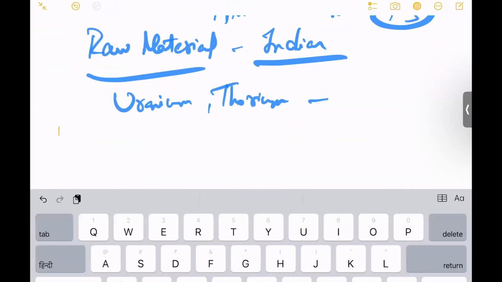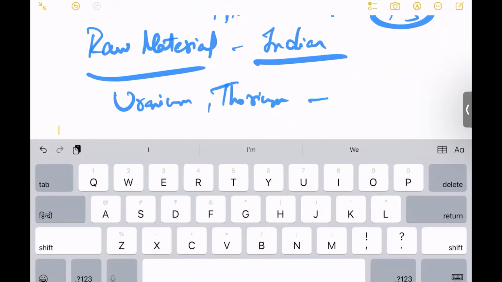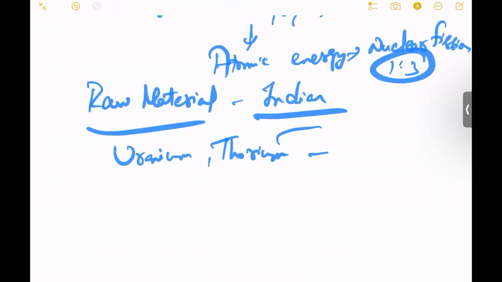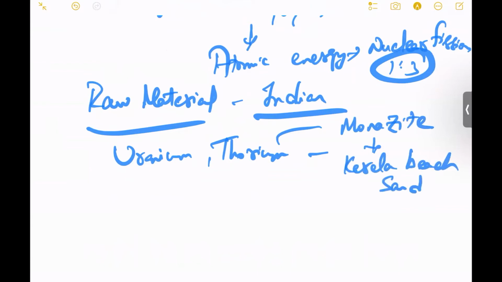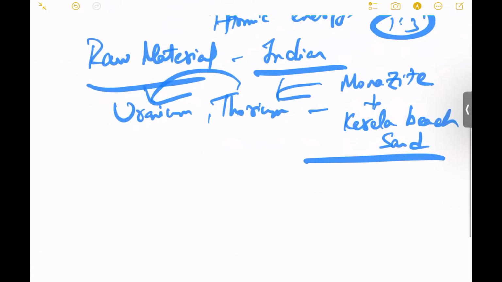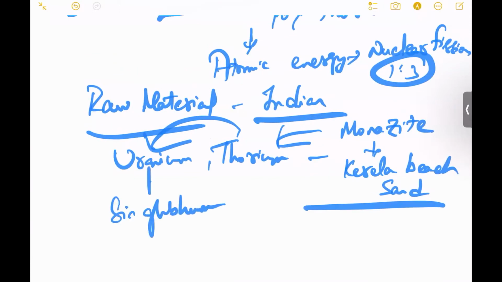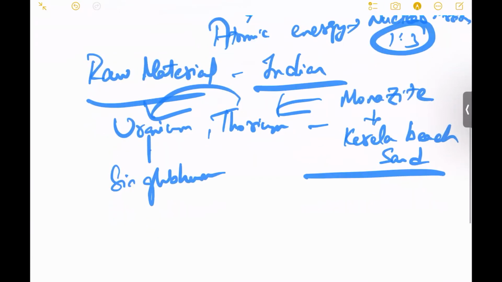For thorium, there is an ore called monazite, and this monazite is available in plenty in Kerala beach sand. So from monazite, they are getting thorium, and from thorium, they'll get uranium. For uranium deposits, we have a place called Singhbhum and also another place called Hazaribagh, both in Jharkhand.